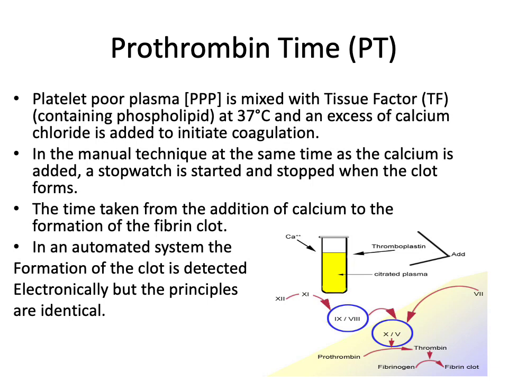In the manual technique, at the same time as calcium is added, a stopwatch is started and stopped when we see a clot formed. So the time taken from the addition of the calcium to the formation of the fibrin clot is what makes the prothrombin time. In the automated system, the formation of the clot is detected electronically, but the principles are identical.